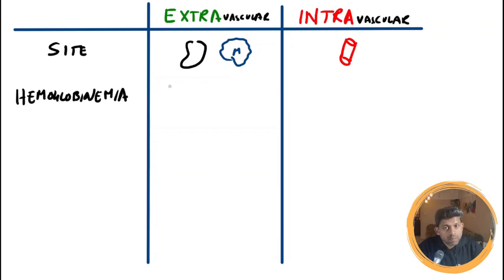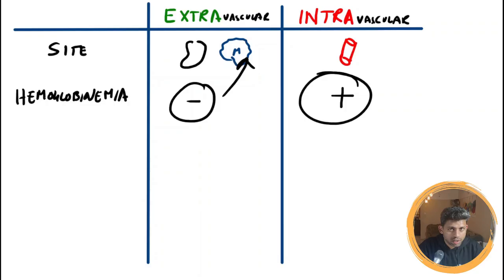As most of the hemoglobin which is released after the destruction of RBCs in extravascular hemolysis is within the macrophages, hemoglobinemia usually does not occur in extravascular hemolysis, while in intravascular hemolysis, hemoglobinemia occurs.